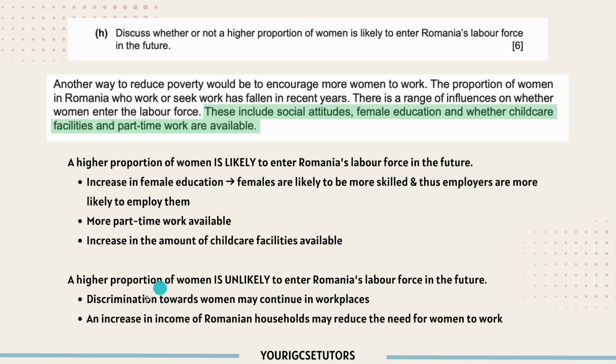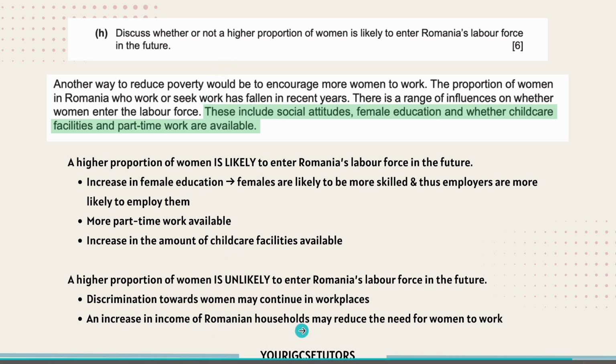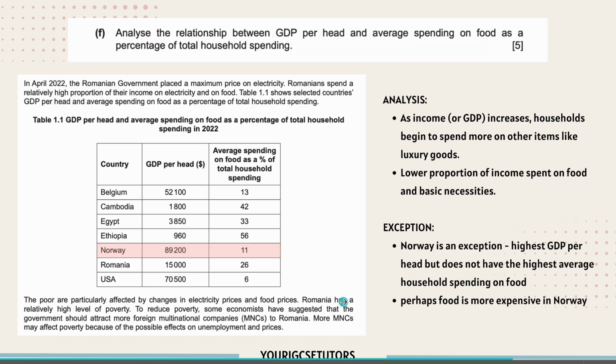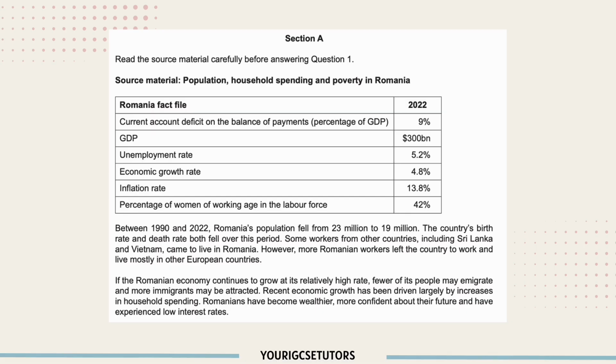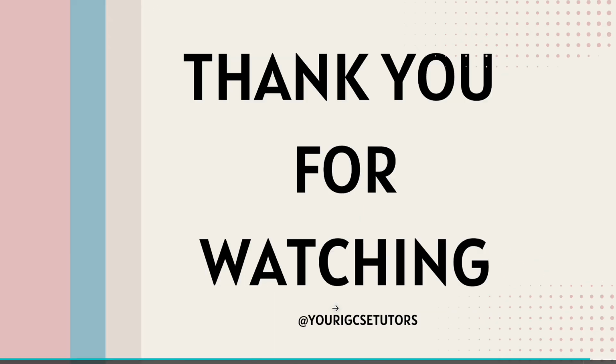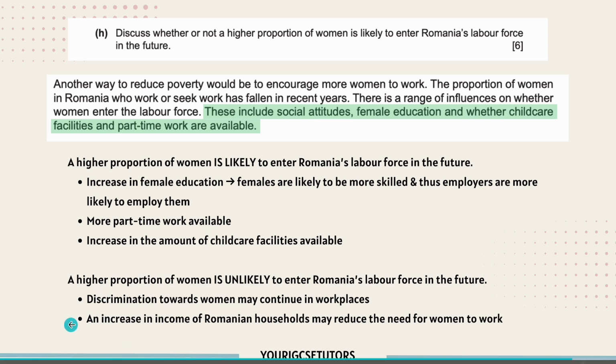And there could also be an increase in income of Romanian households, and you can actually find that from the first part. Romanians have become wealthier, so that means there's an increase in income, right? So an increase in income of Romanian households may reduce the need for women to work.